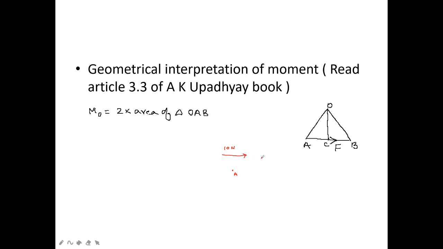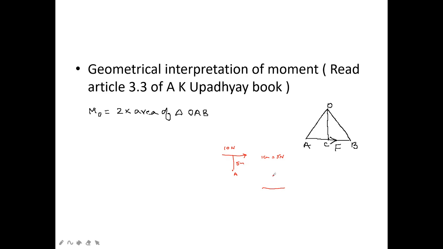I will choose a scale of, let us say, 1 centimeter equal to 5 Newton. So 10 Newton will be 2 centimeter. I will draw a 2 centimeter line, and the distance between this is, let us say, 5 meter.